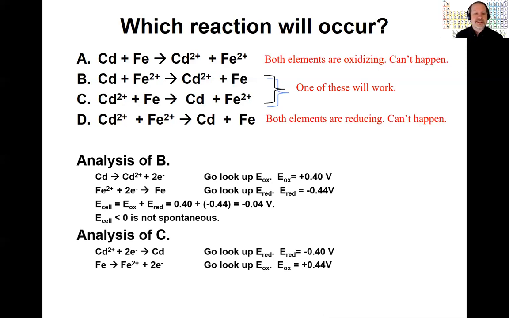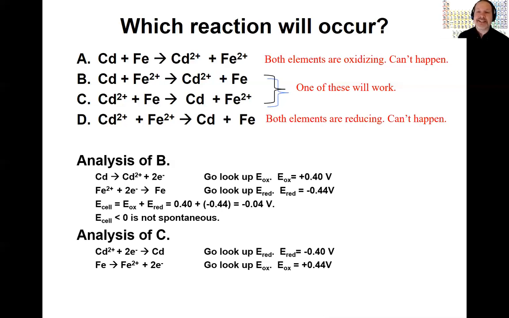Now, when I look at C, I see that cadmium plus 2 ions are being reduced. So I'm going to grab that reduction potential for cadmium ions and just use it as is, negative 0.4. Now, iron has flipped from where it was before in B, so iron's being oxidized into iron plus 2. So I go look up its reduction potential for the iron plus 2 ion, and then I flip it around, because this is the way the chemical reaction is written.